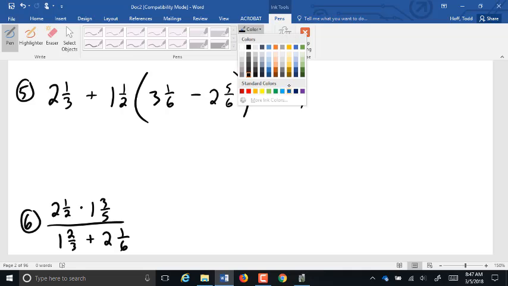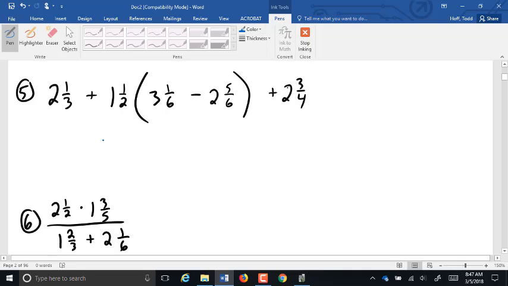So the first one up here. Start in the parentheses. If we subtract 3 and 1/6 minus 2 and 5/6, what do we get? 2/6 or 1/3, right? So we can take out the parentheses.